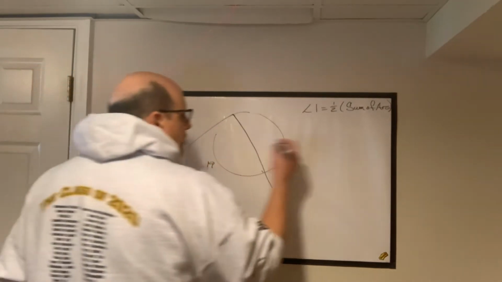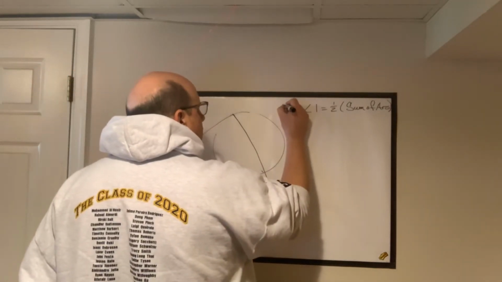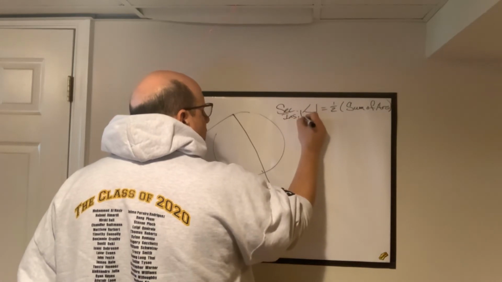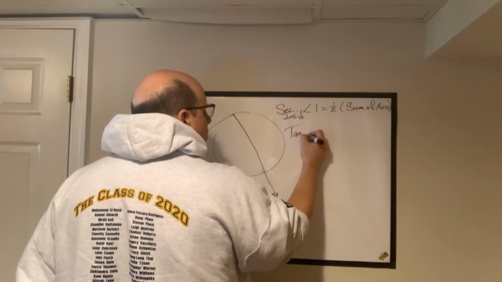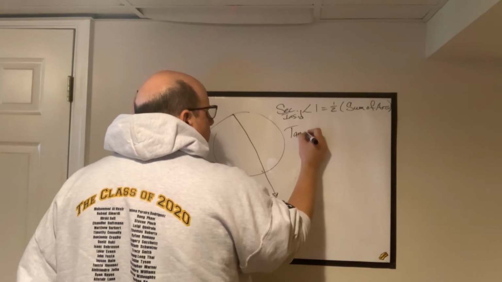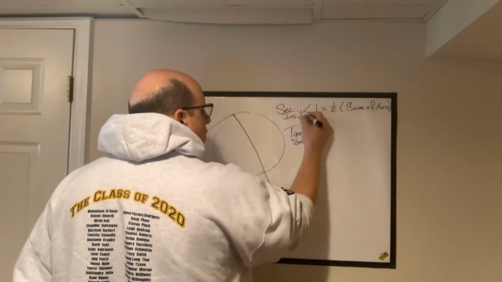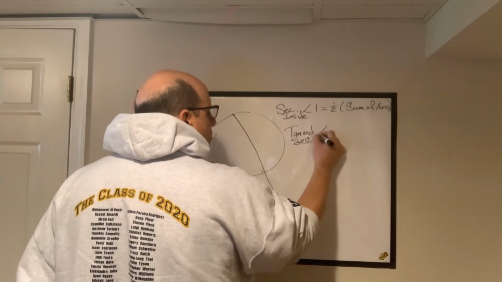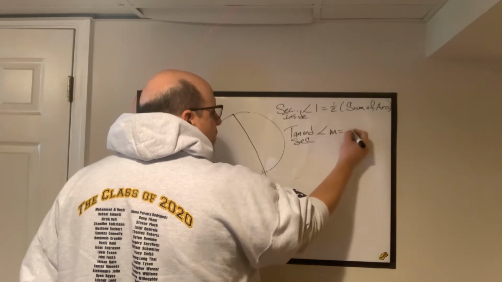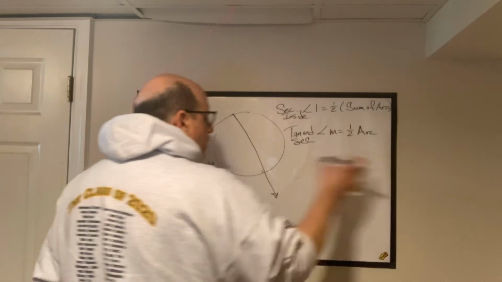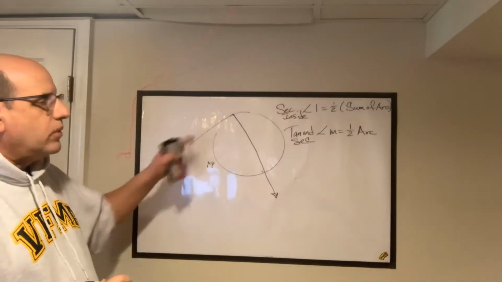So this is secants inside, this is tangent and secant, and the measure of the angle is equal to 1/2 the arc cut.